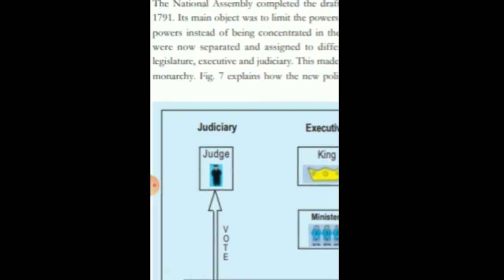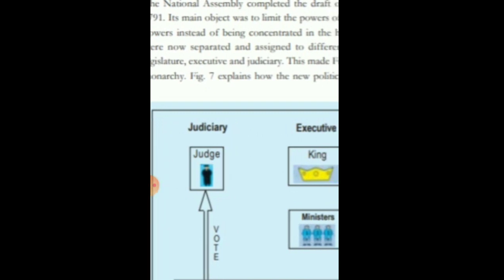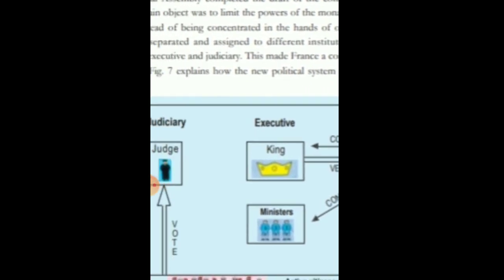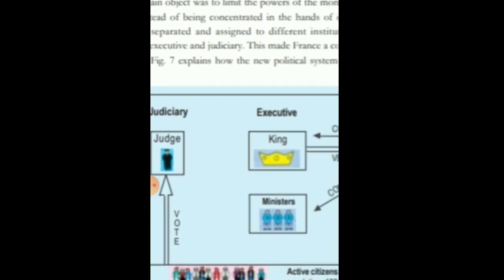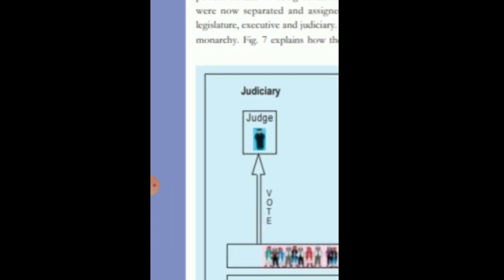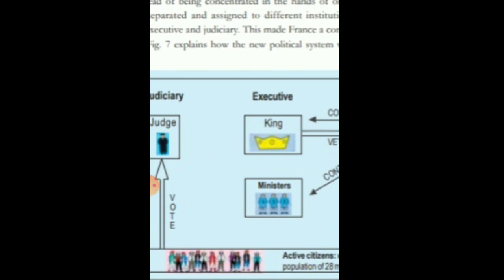In 1791, a new National Assembly was formed, and the main objective of this assembly was to limit the power of the monarch. These powers, instead of being concentrated in the hands of one person, were now separated and assigned to different institutions.